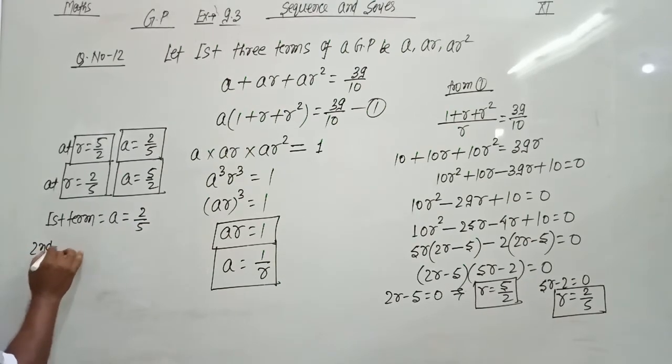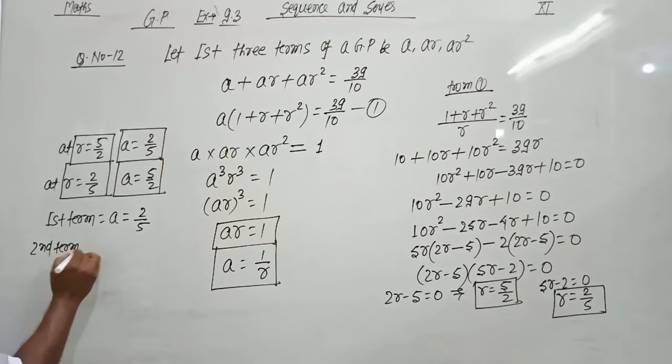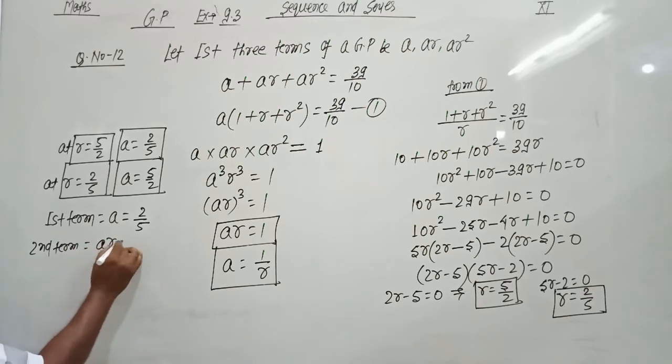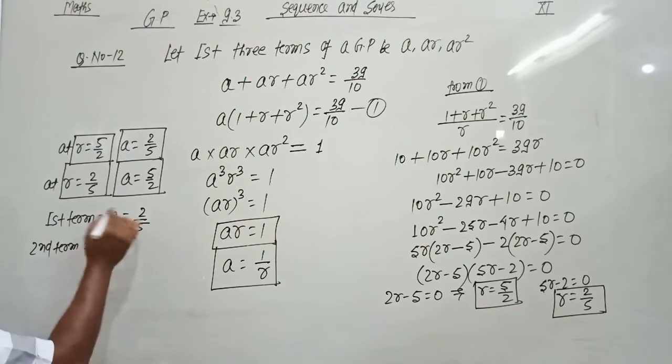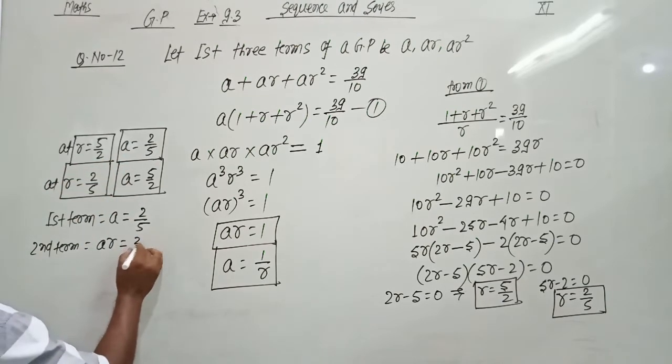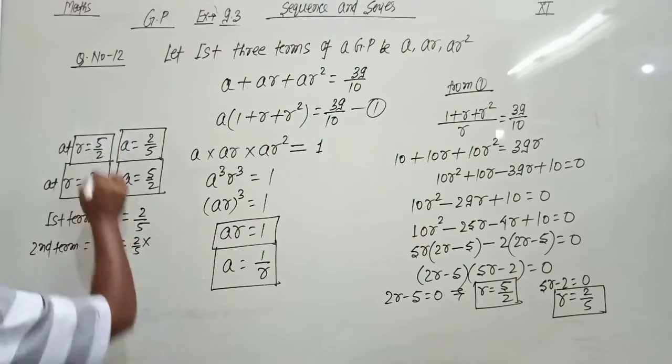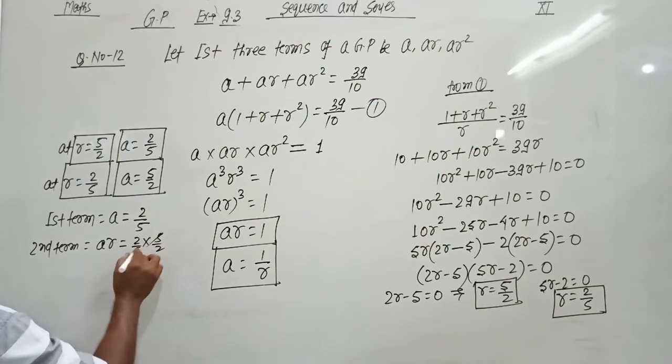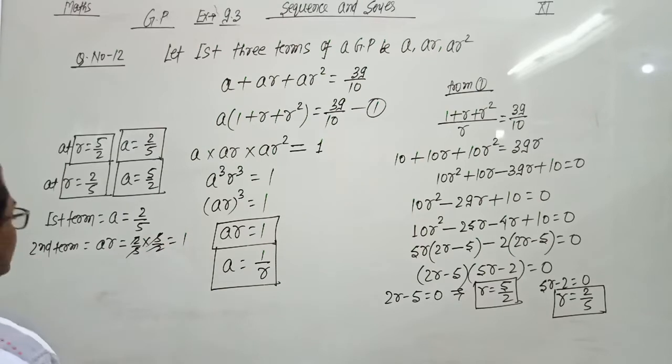The second term is A into R, so the value of A is 2 by 5 and the value of R is 5 by 2. So it gives 1.